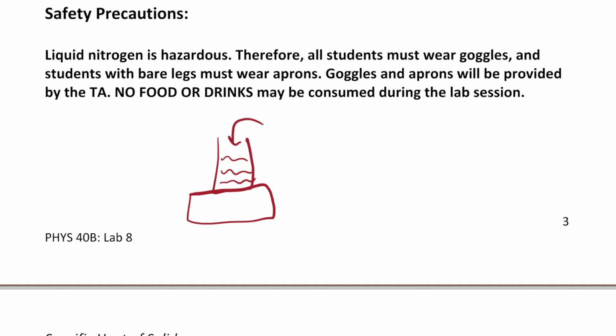Once the liquid nitrogen's in the cups, we're going to take metals or blocks and put them in the liquid nitrogen, and we're going to see on the scale the change in weight of the styrofoam cup, which is due to a change in weight of the liquid nitrogen inside, because the liquid nitrogen is boiling off. As it boils off, the scale weight is going to go down, and we're going to measure that.